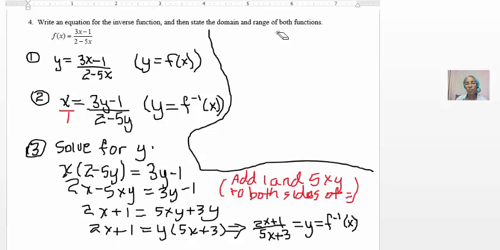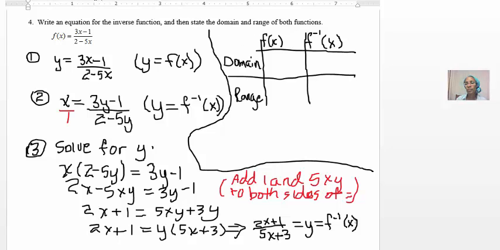Okay, so I want to set up a table where I give the domain and range of these two functions. And that's actually going to be very easy to do.